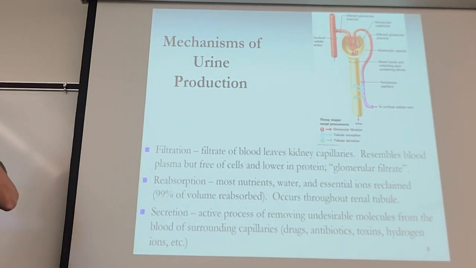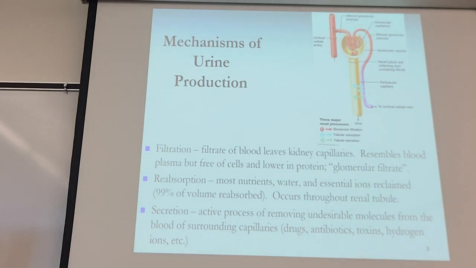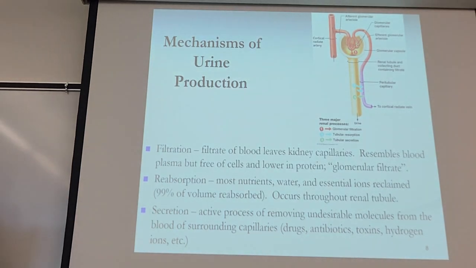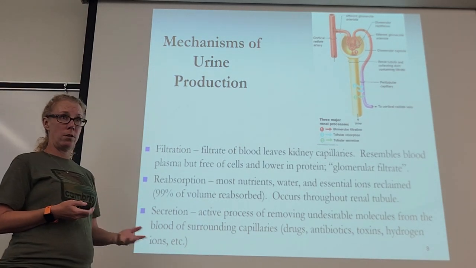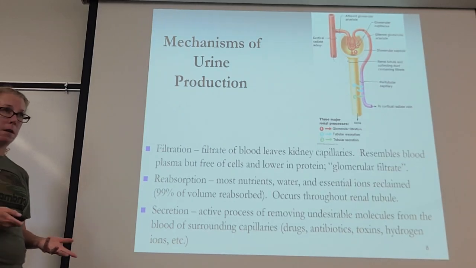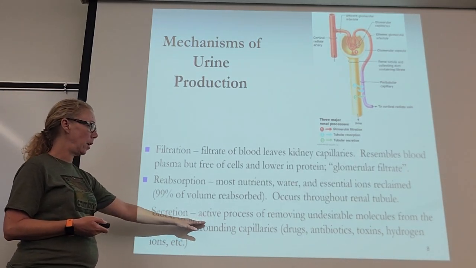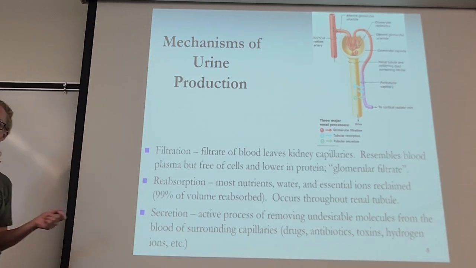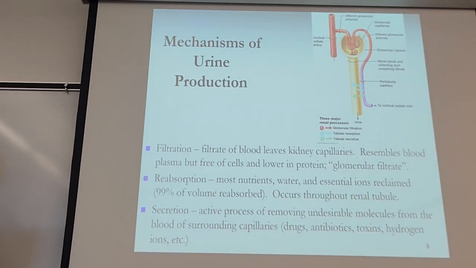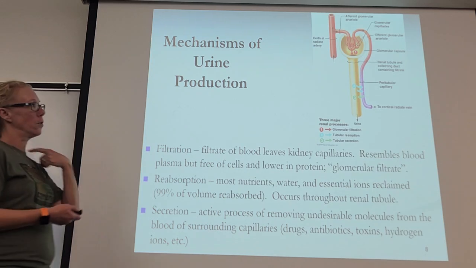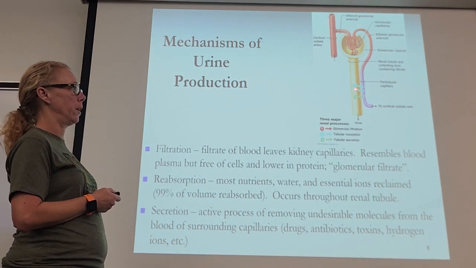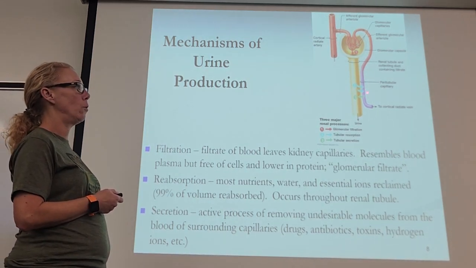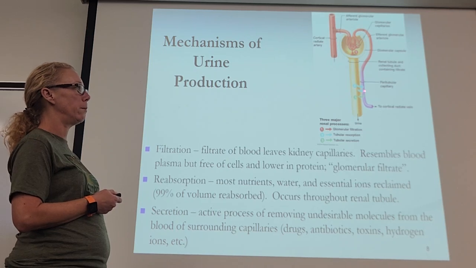Okay, then you also have an opportunity to secrete things from your bloodstream that you may not want. Other ions, wastes, toxins, okay? There's an opportunity to remove that from your bloodstream because you have capillary beds that allow you to do this. So, step two in the picture coming from the PCT is showing you reabsorption.